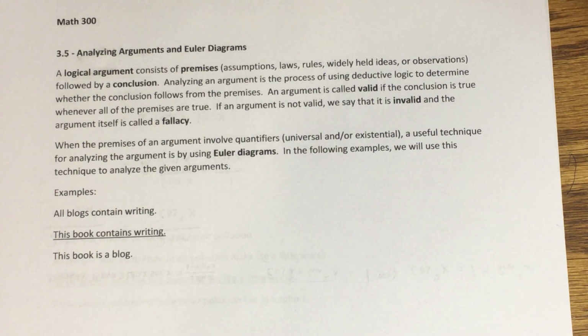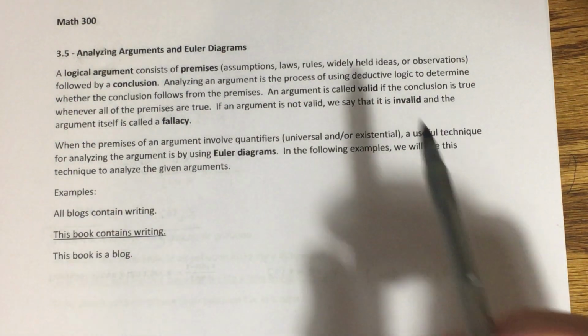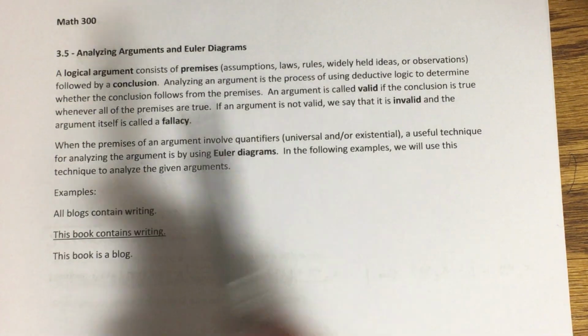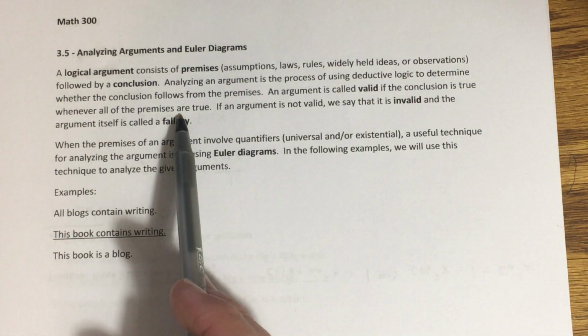Okay? And we're going to see that sometimes you can have arguments that are valid but are simultaneously ridiculous. But validity of an argument is just the fact that a conclusion would follow from your premises. So again, we call an argument valid if the conclusion is true whenever all of the premises are true.